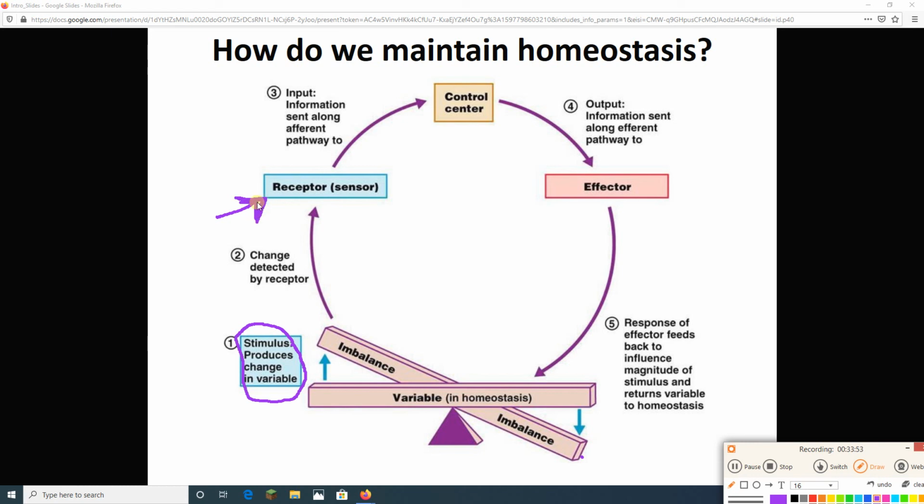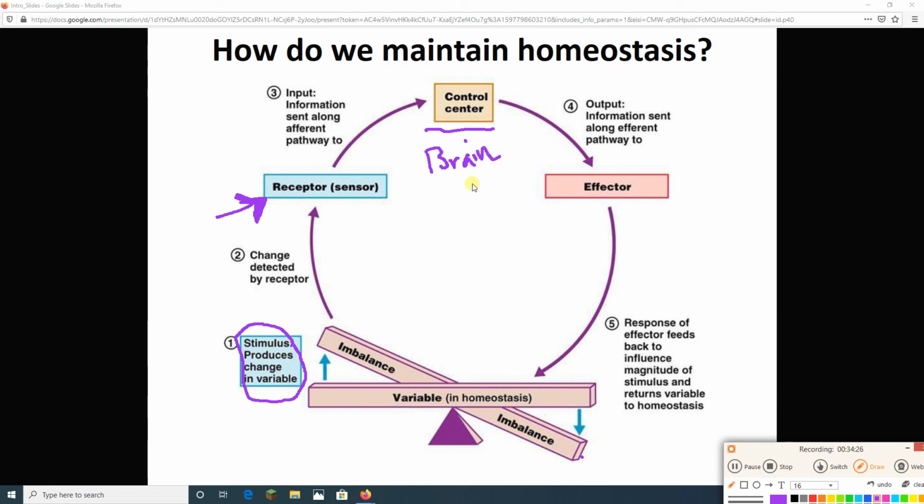We are always measuring our variables. There are cells always measuring your body temperature, your body's water concentration, your body's pH, your blood pressure, etc. Now, once something changes and the receptor detects it, we have to send that information about that change to a control center. The usual organ for acting as a control center, and I know you're not surprised by this, is the brain.